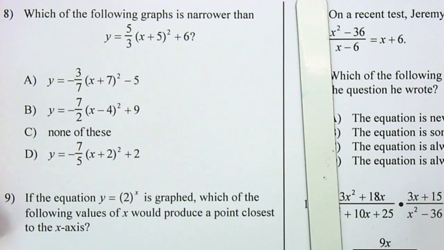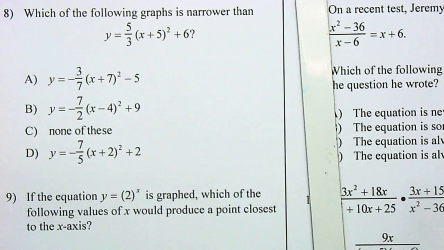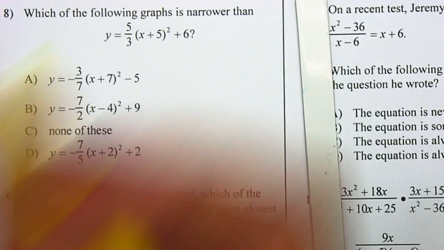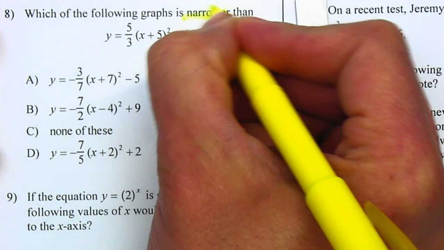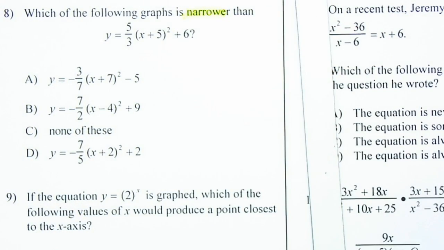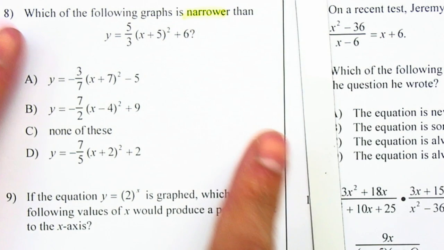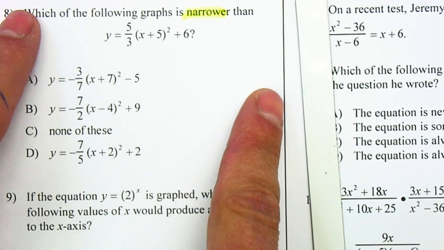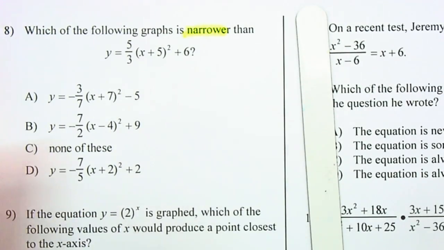Problem number 8. It says, which of the following graphs is narrower? Narrower is our keyword. Make sure to highlight it, underline it, circle it. Now, if it's narrower, we're looking for a bigger number. So make sure you write that on top.